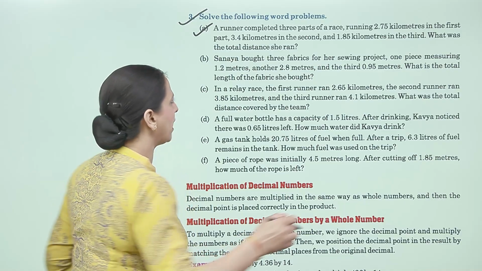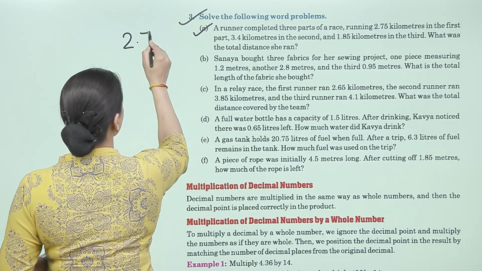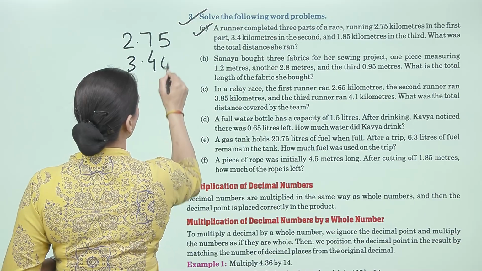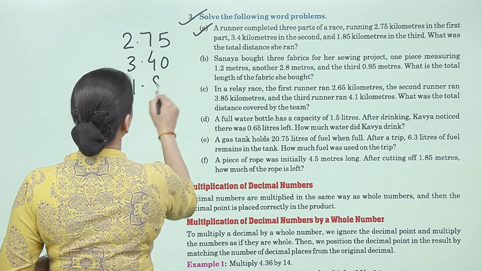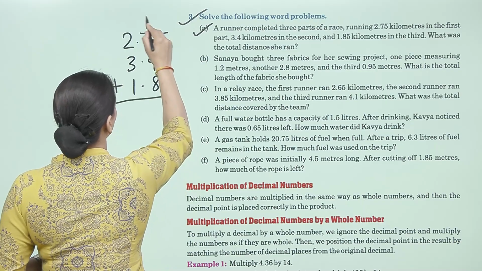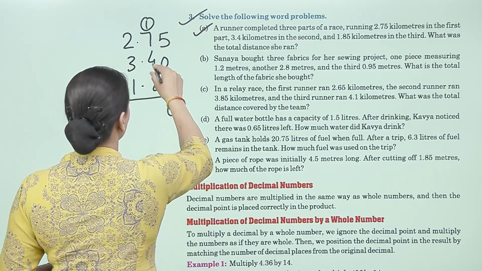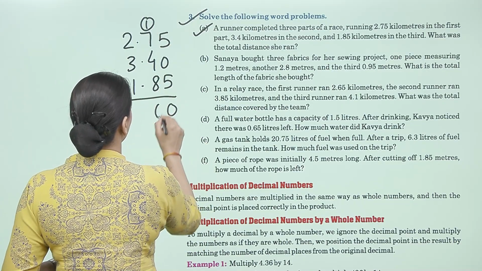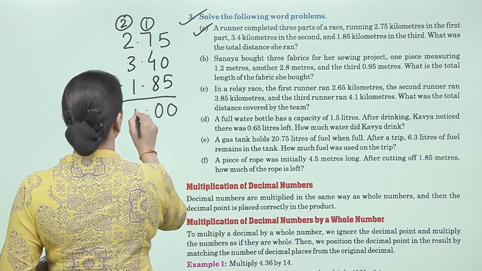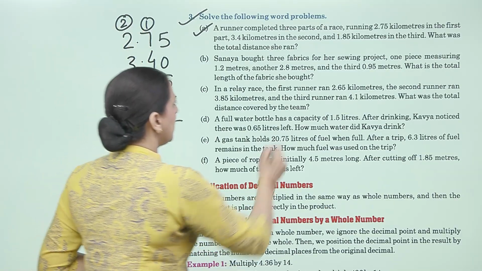So we have to add, that is 2.75, then 3.40 and 1.85. Now add them. 5 plus 5, 10, 0, carry 1, 7 plus 1, 8, 8 plus 4, 12, 12 plus 8 is 20, 0, carry 2, 2 plus 2, 4, 4 plus 3, 7 plus 1 is 8, that is 8 kilometers.